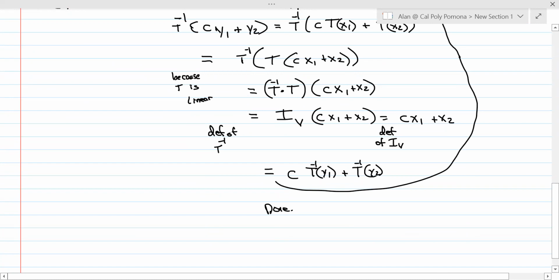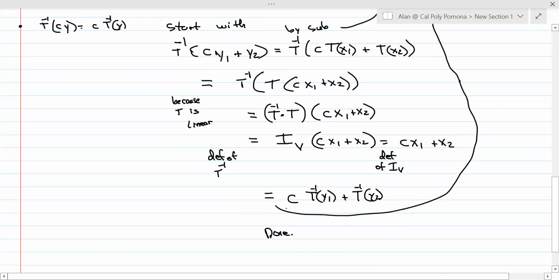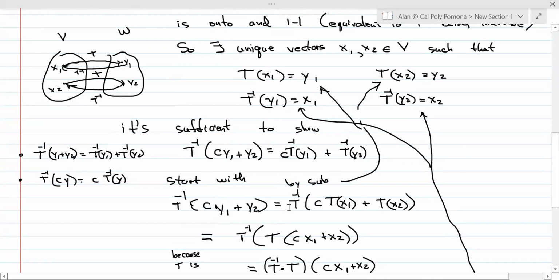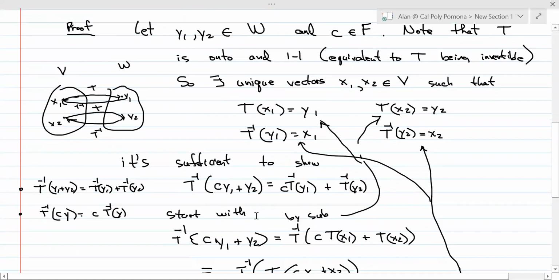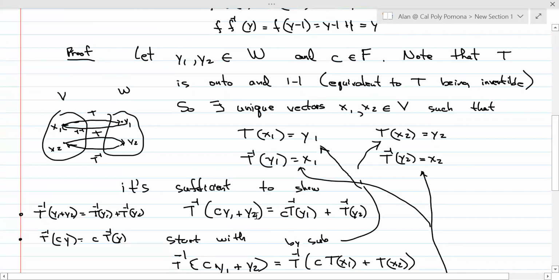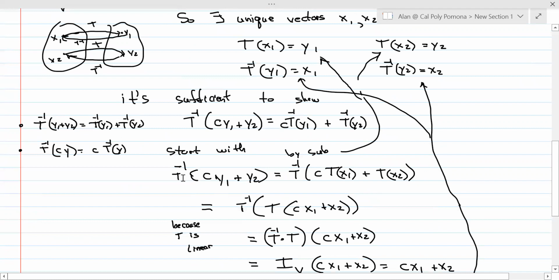Okay, if you look at the proof a little closer, yeah, it's quick enough to just do it again fast. You're trying to show this, which is a combination of these two things.